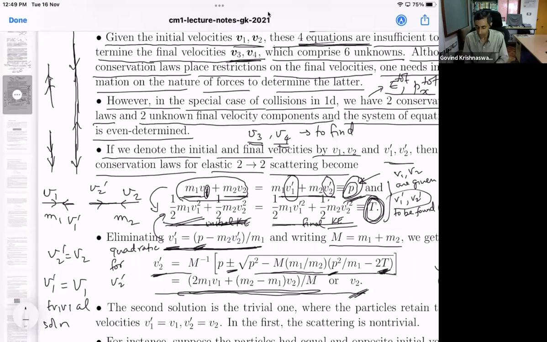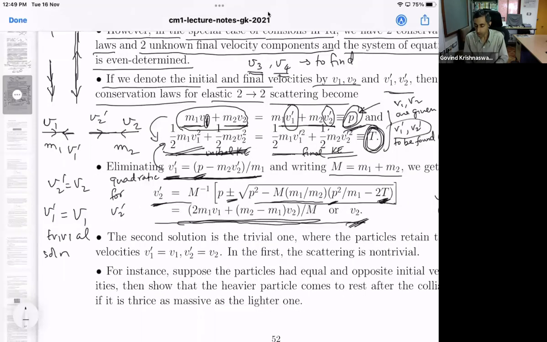But setting aside that trivial solution, we have also a non-trivial solution where V2 prime is given by this formula in terms of the initial velocities V1 and V2. Without actually working it out, one doesn't have adequate insight into what this means. But I will pose a question through which one can understand this better.